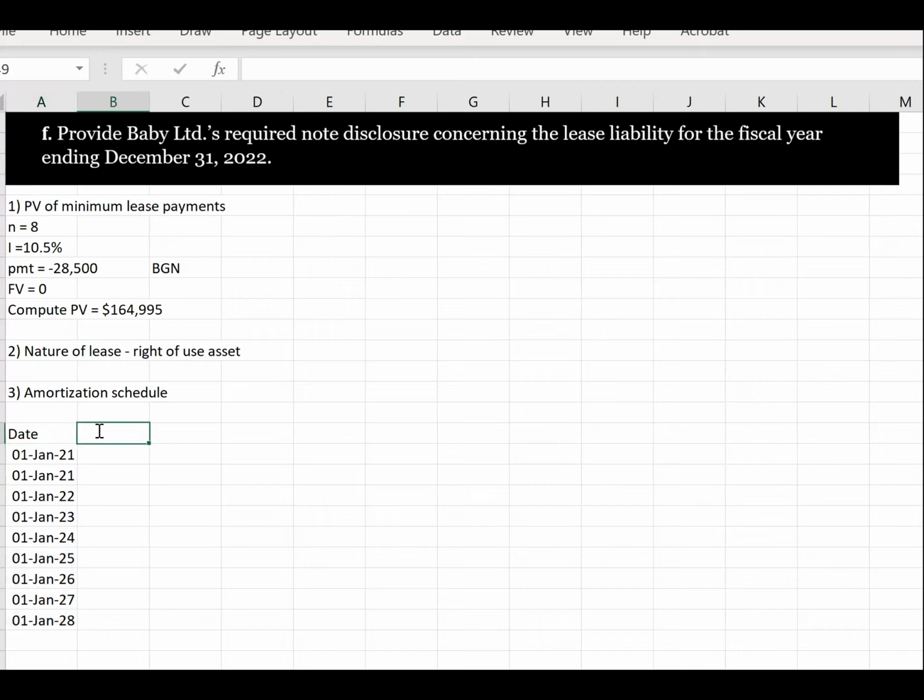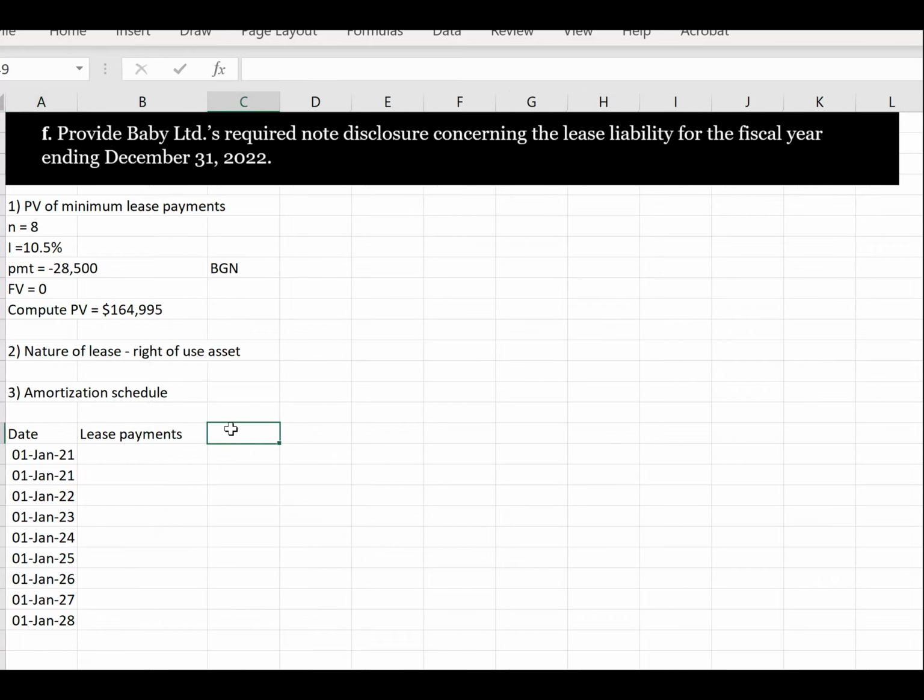And we're going to have the lease payments. We're going to have the interest expense. Then we're going to have the amortization of the lease liability, and we're going to have the carrying value of the lease liability.